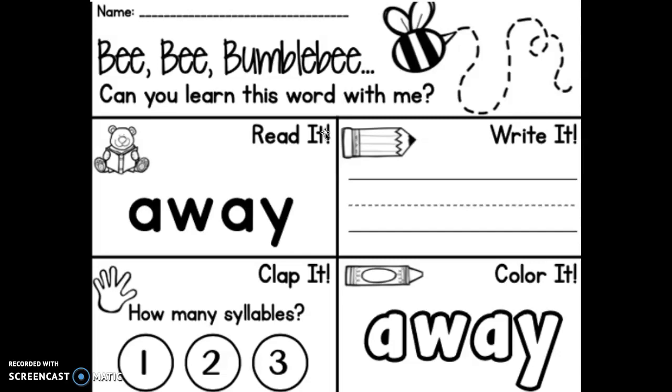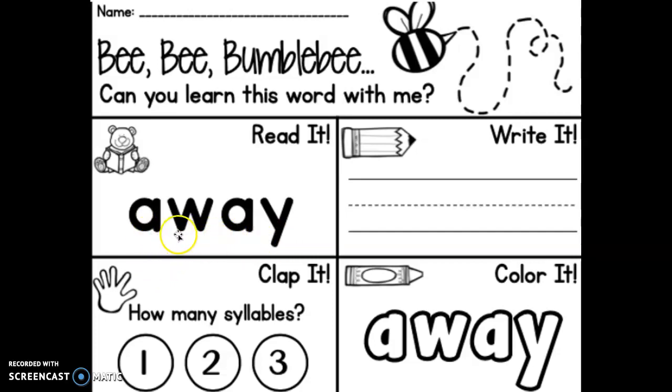As always, we always look at our word in the first box. We talk about what type of letters we have. So in this word that we have for today, I'm not going to say it just yet. We're going to go through all of our information. Do we have any tall letters? No. Do we have any small letters?